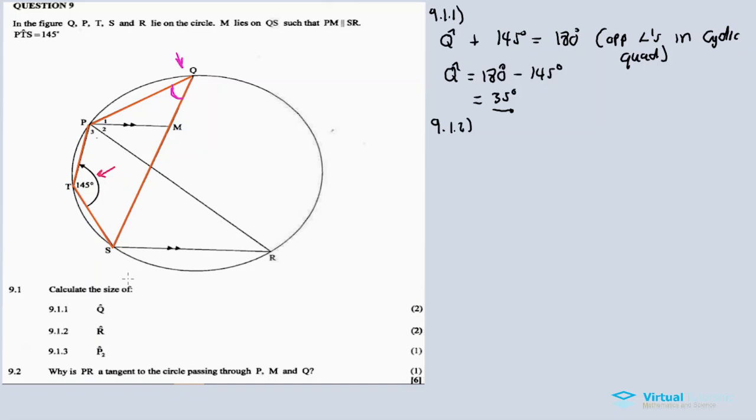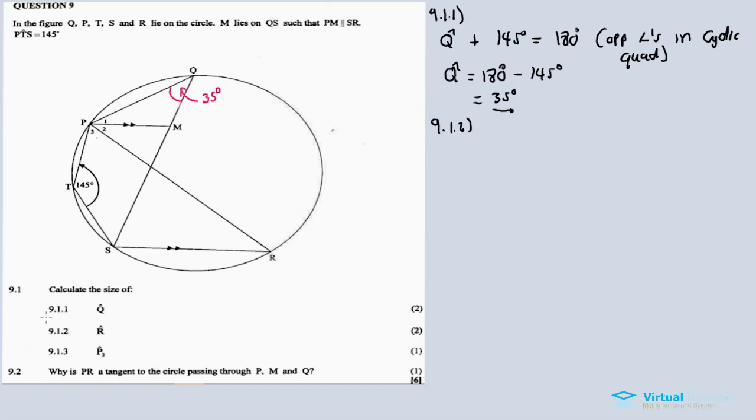Now let's go to question 9.1.2. In the previous question we calculated angle Q. We found that Q is equal to 35 degrees, right? What normally happens with Euclidean geometry problems is that the angle we calculated on the previous question is used to calculate the next question.